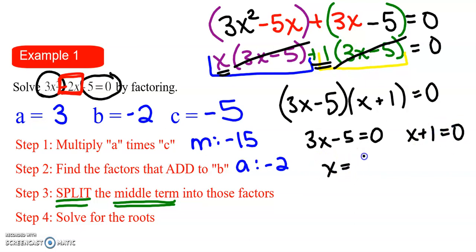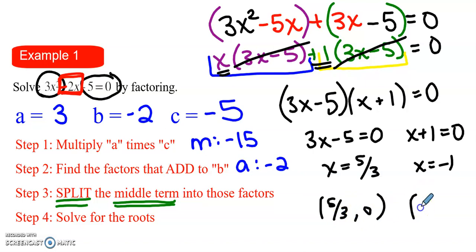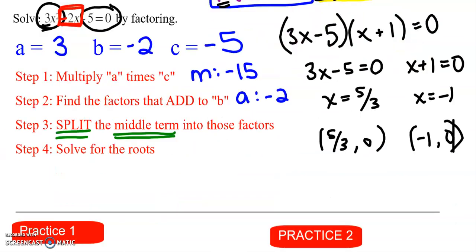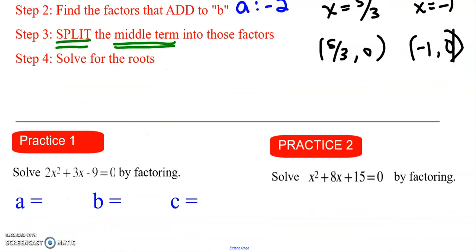So x is equal to 5/3, or x is equal to -1. I can write those as my zeros, or my x-intercepts in this case, for where I'm going to cross that x-axis. Okay, so again, you want to do the split the middle when you have a leading coefficient that is not 1. Okay?